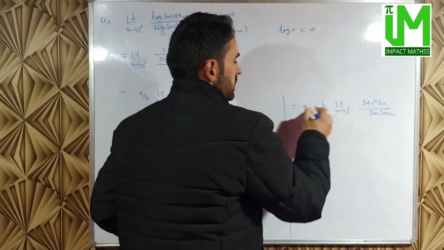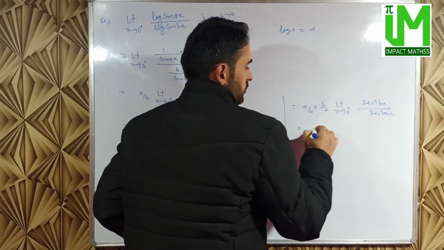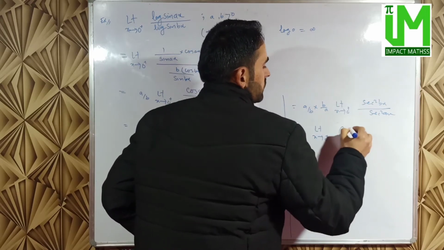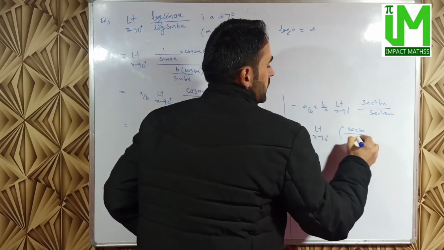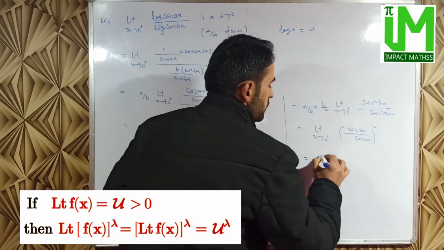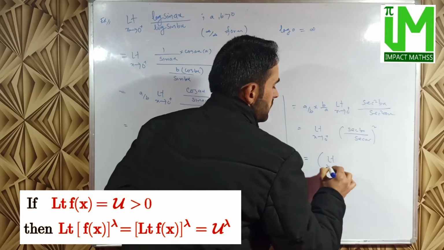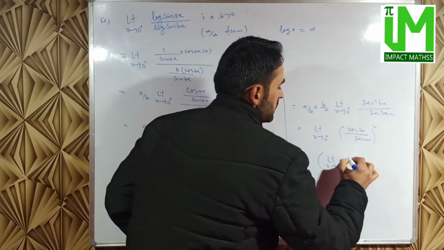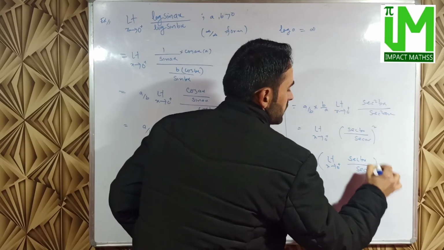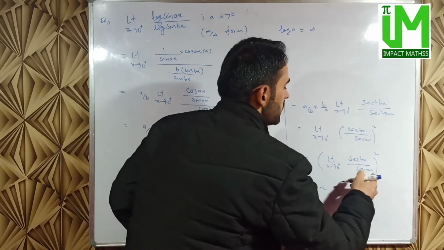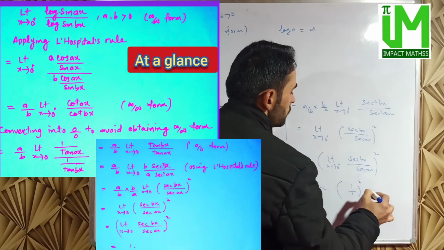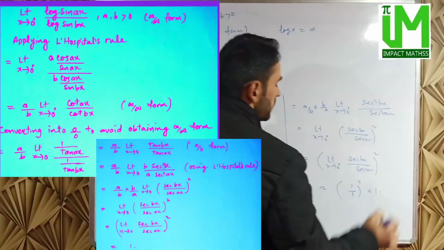So b and b, a and a cancel, so it will be limit x approaches 0 from the right, (sec bx divided by sec ax) whole square, which by property of the limits equals (limit x approaches 0 from the right of sec bx divided by sec ax) whole square, which means it will be 1 divided by 1 whole square, which will be 1.